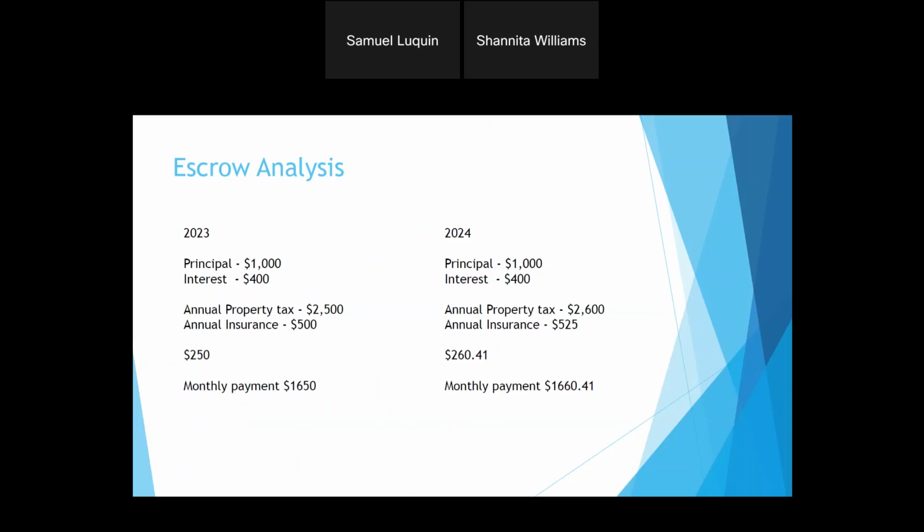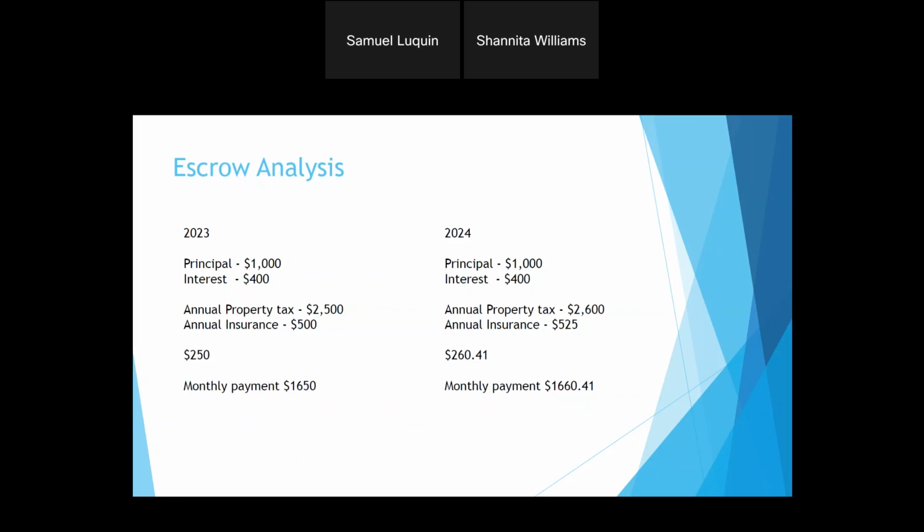Now, here's an example of a very, very simple escrow analysis. As you can see on the left side, if we were to just look at the year 2023, that fiscal year, and you look at the PITI, right? The principal, the interest, the property tax, and the insurance. If this individual's principal and interest add up to about $1,400, the lender is going to look at their annual property taxes, and let's say it comes up to $2,500, and their annual insurance for the property is $500.